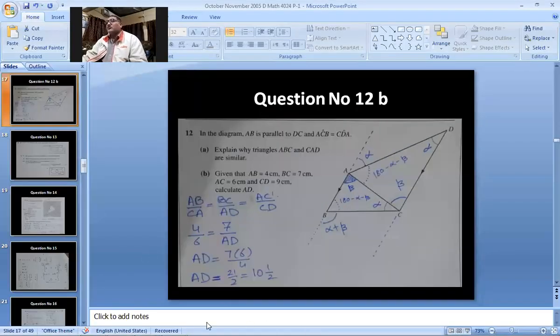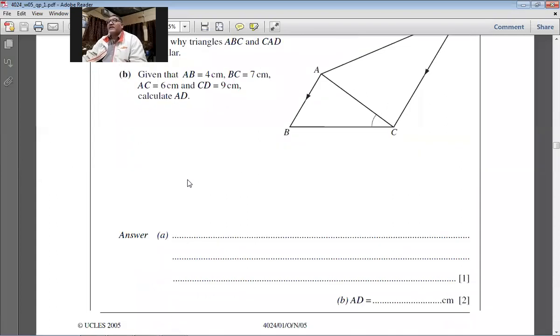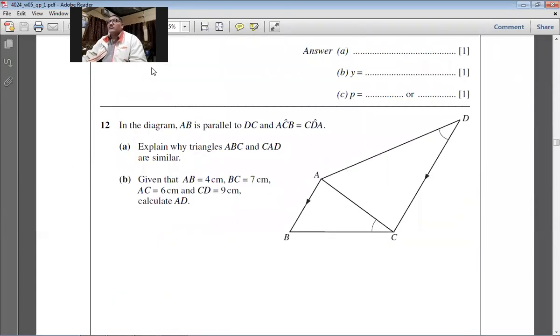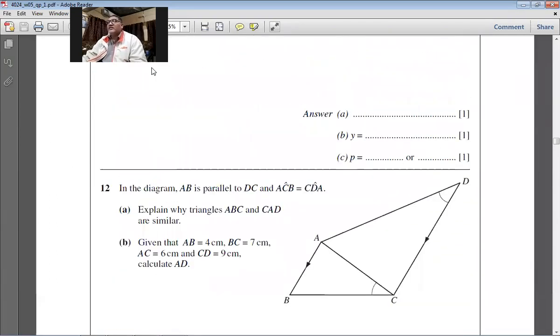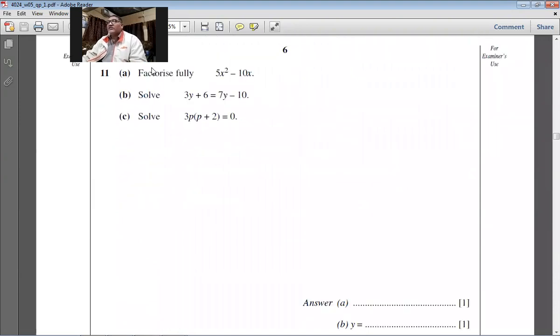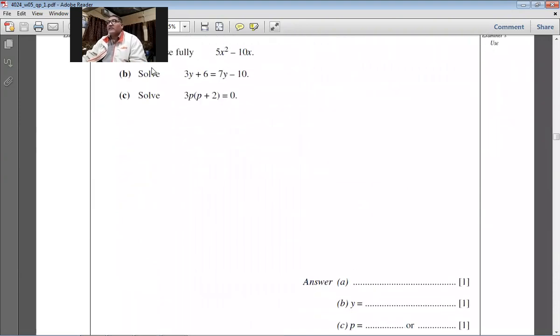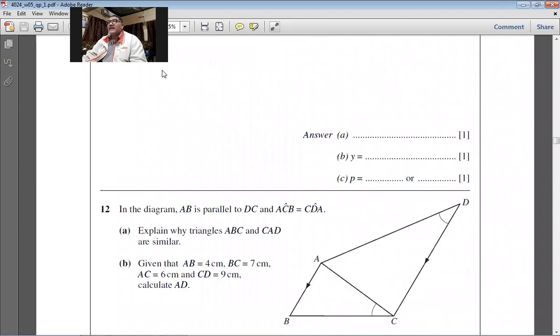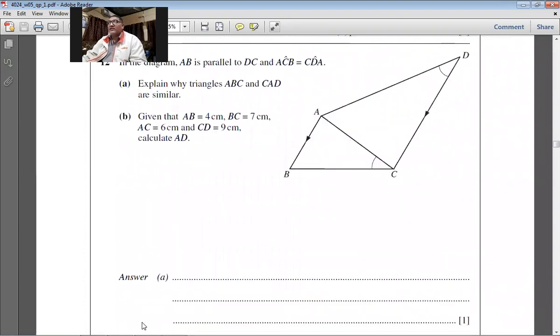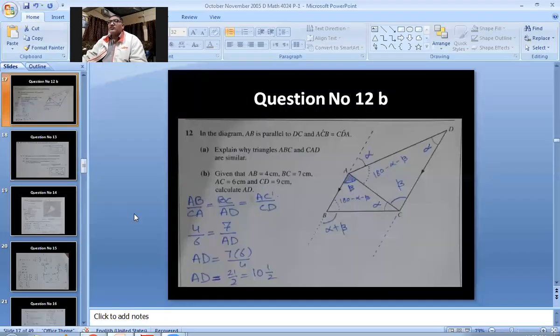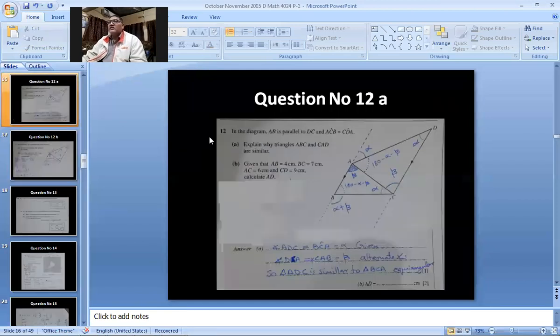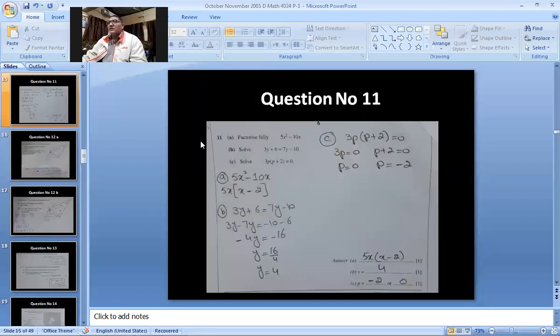Okay, so let's go to the paper again. That was question number 12. Hopefully you understand how we have done this. That was question number 11, and we are done with this. And this is question number 12. Let me show you question number 11.